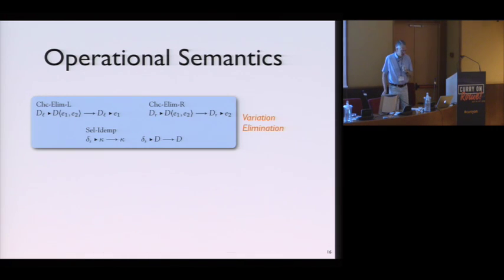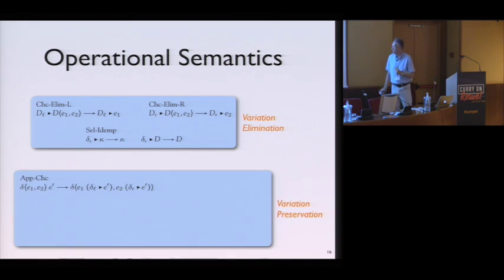So for the operational semantics, we need to address all these different cases for variation computation in addition to ordinary lambda calculus. So there is variation elimination, which works in an obvious way. We can select the left and the right part of a choice and have to do so recursively for the selected alternative because there could be nested choices in those parts.